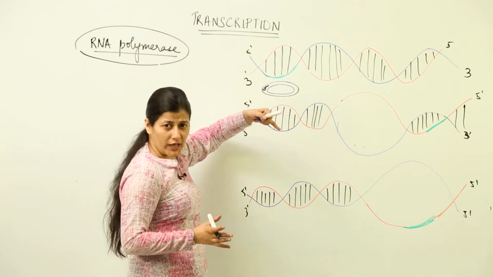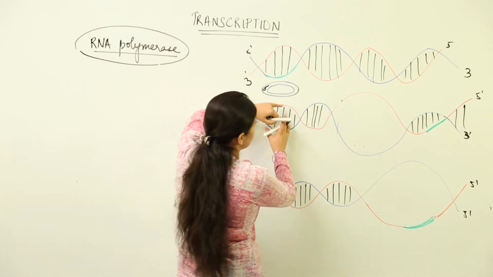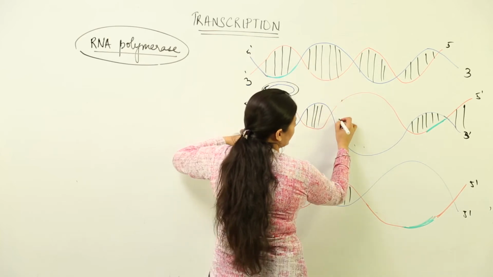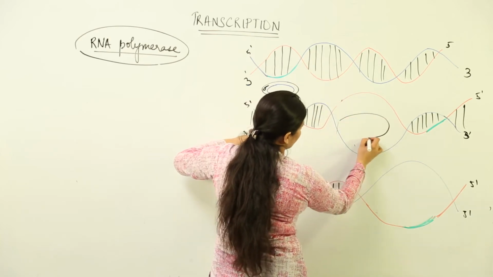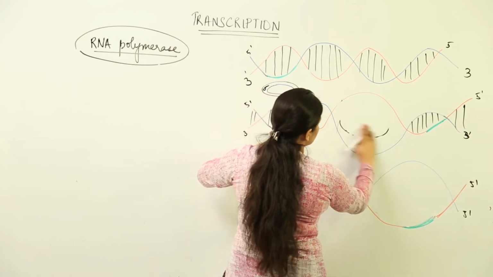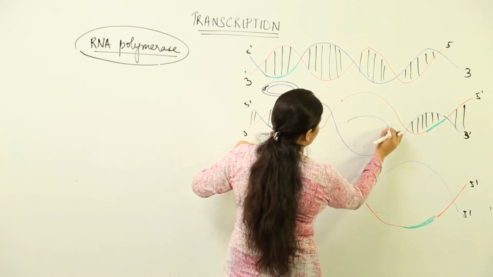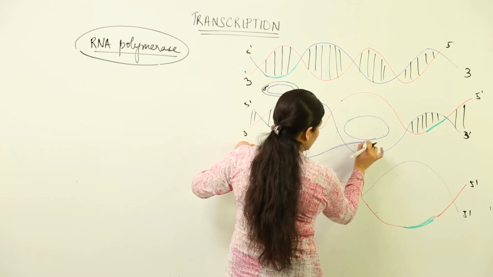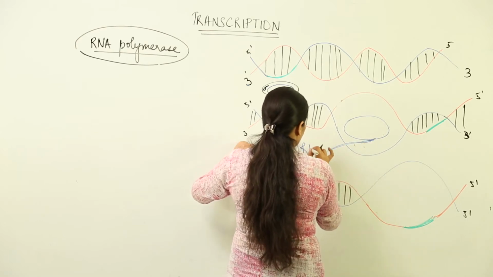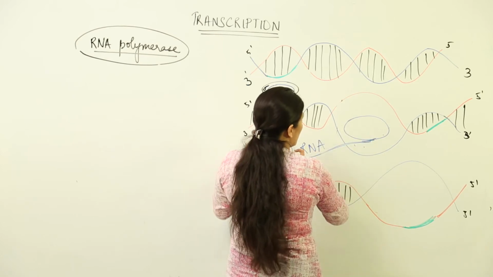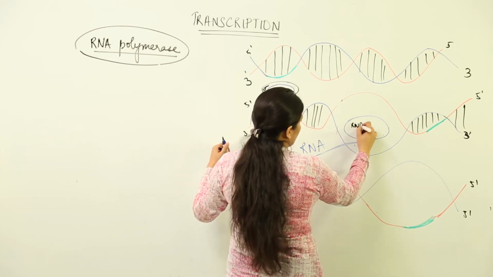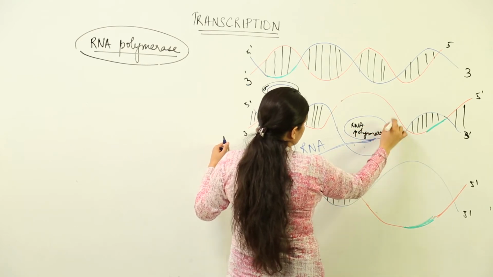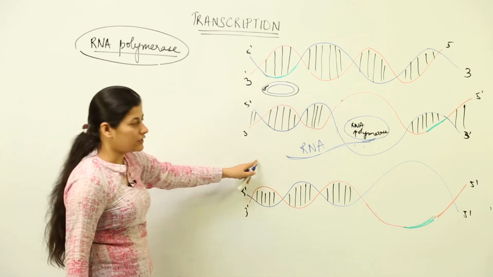Once the promoter sequence has been identified, of course, the helix uncoiling has to be done. The helix gets uncoiled and RNA polymerase enters inside and extends the chain forward. This is RNA polymerase. It has extended the formation of chain. RNA is being produced like this. This is RNA that is being produced. This is RNA polymerase that is uncoiling and forming the RNA transcript.